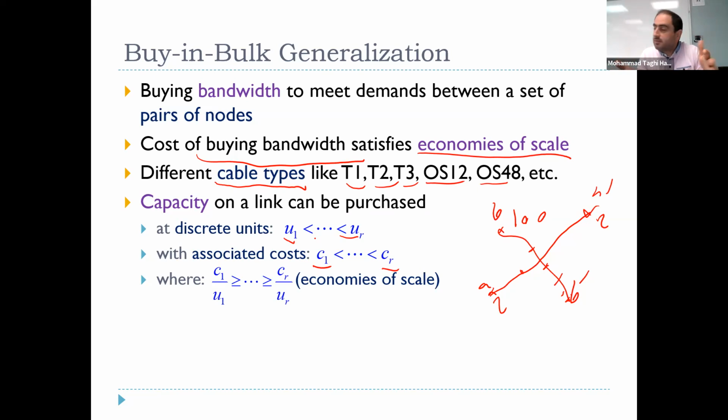If it is not the case, say we have U1 less than U2, and C1 is greater than C2, then of course that means just get rid of U1, because U2 is a better option. So you can always assume that U1 is less than U2, less than UR, and C1 is less than C2, less than CR. Again, for equality, you can also get rid of them, because if you have a higher capacity at lower cost, then always use that option.